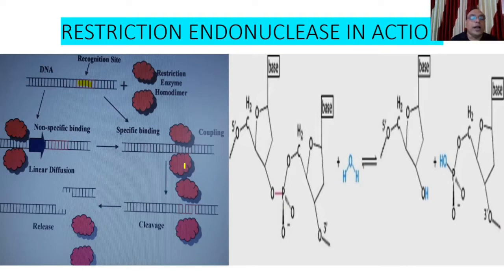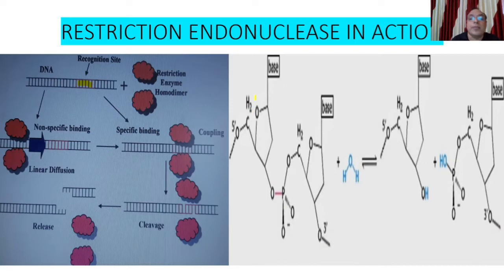The bivalent magnesium ions will enter and cause the holding of the water. And so the two strands will be cut in a staggered way. That is, they are cut a few bases away from the point of symmetry on either side, and so their ends will have unpaired nucleotides. That is, they are sticky ends.